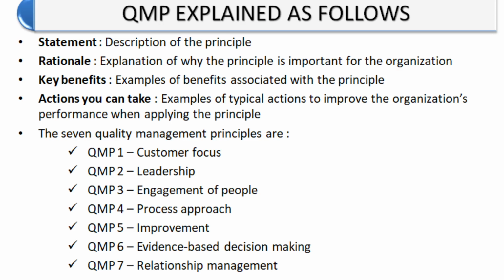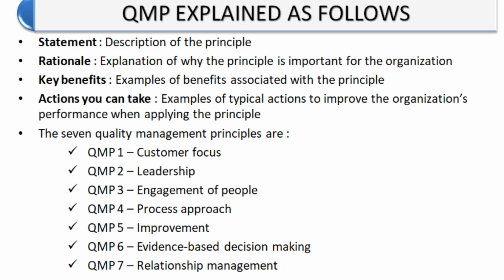Then third, the key benefits of this principle, that is nothing but the examples of benefits that are associated with the principle. And lastly, we are going to see the actions that you can take, that are the examples of typical actions that have to be taken to improve the organization's performance when applying the principle.